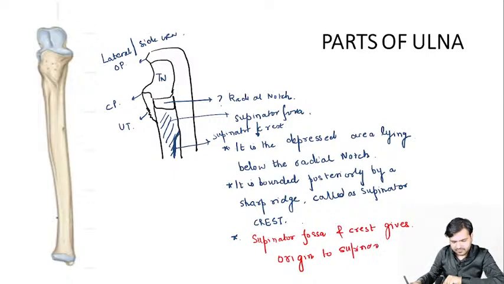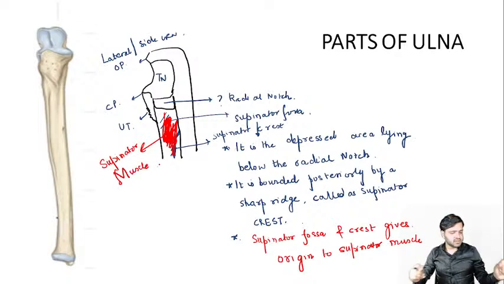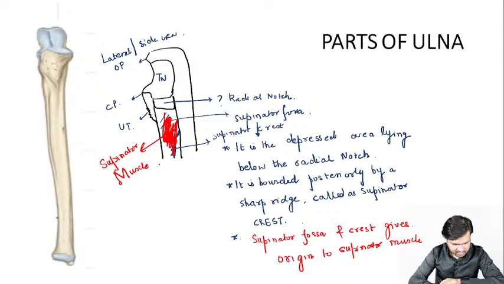Over here you will find a muscle originating from the supinator fossa and the supinator crest. A muscle will be arising here, and that is the supinator muscle.